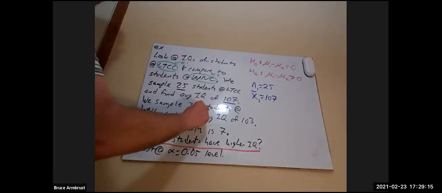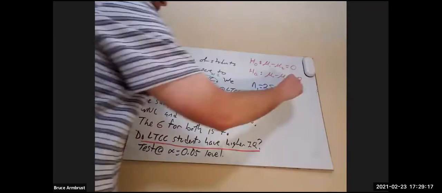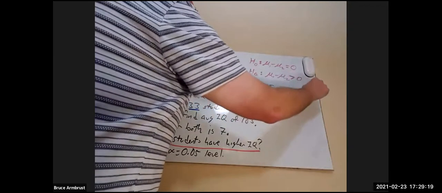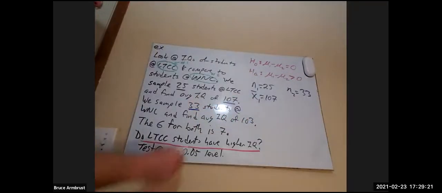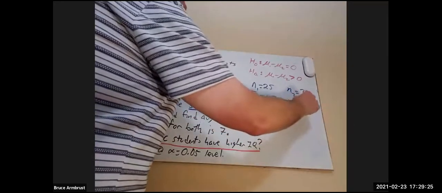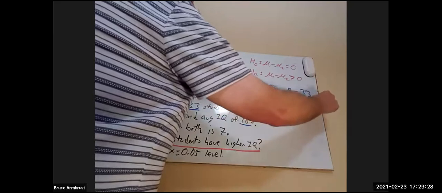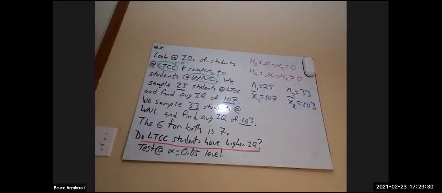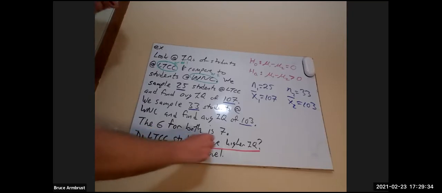We sample 33 students at Western Nevada. So N2 is 33. And we found an average IQ of 103. So X2 bar is going to be 103. The sigma for both is 7.